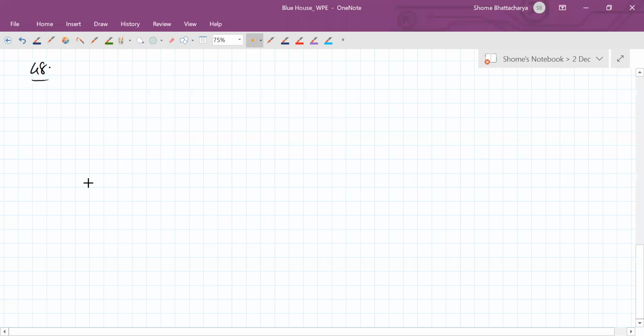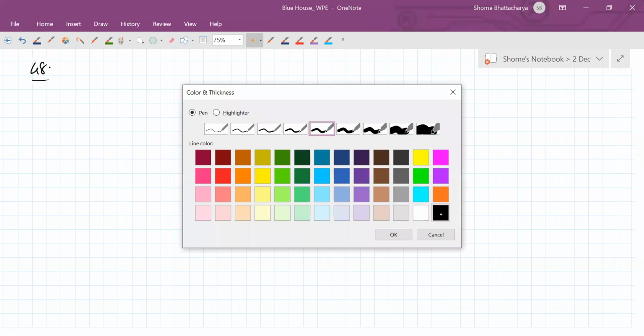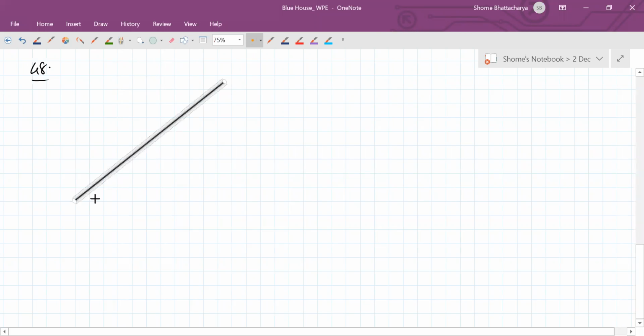So you have this inclined plane. There's a sort of three-dimensional diagram made first. So the three-dimensional picture is something like this.